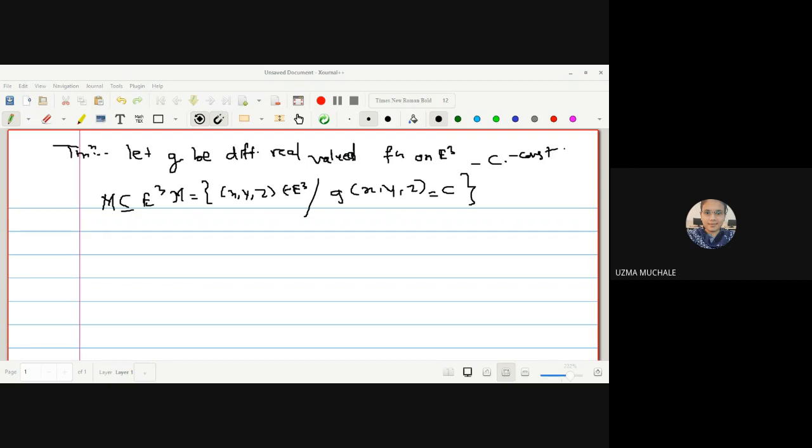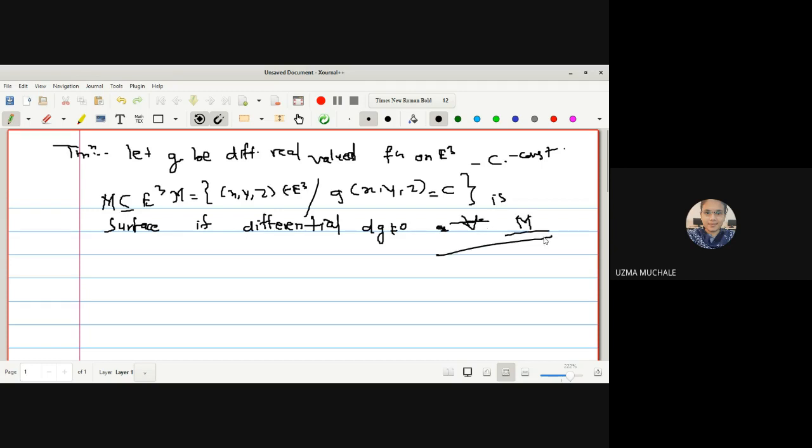It is a surface if the differential dg is not equal to 0 at all points of the surface M.